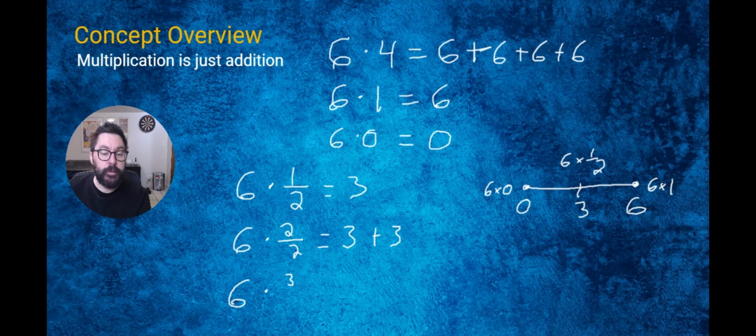And the last one on this page, if we have 6 times 3/2, that says take half of 6 and add it together 3 times. So 3 plus 3 plus 3. And you should be able to come up with that being equal to 9. If you see other patterns with the numbers in these problems to get 6 and 9, or even the 3 up here, you're one step ahead.